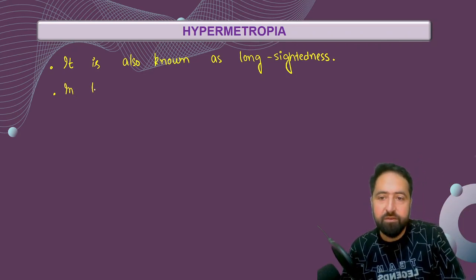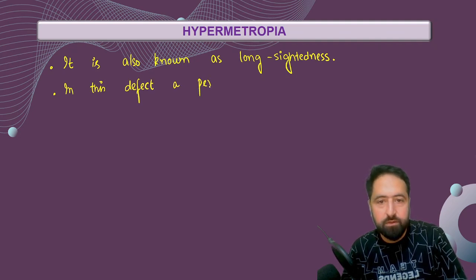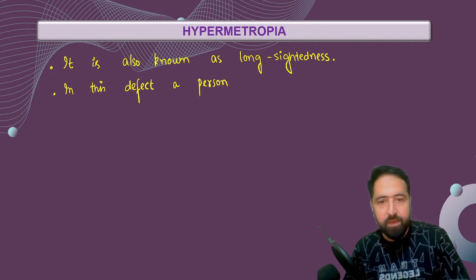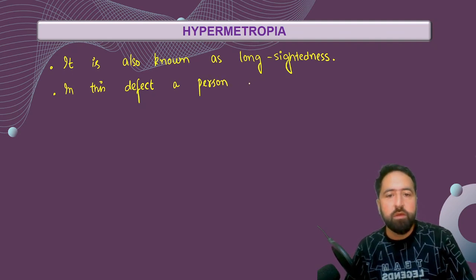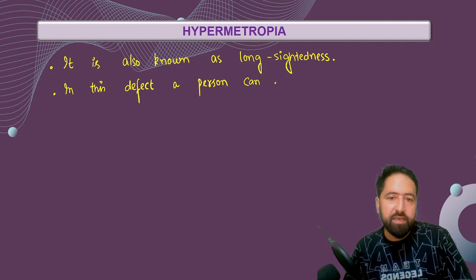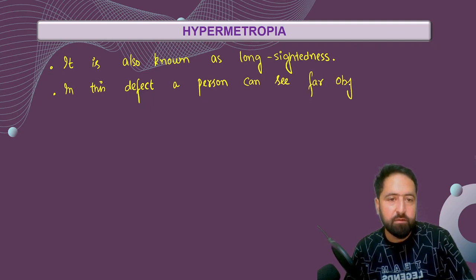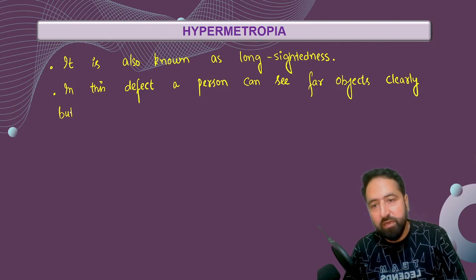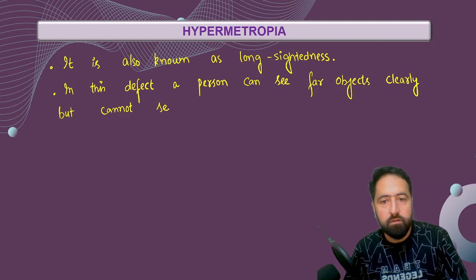So in this defect a person can see far objects clearly, but cannot see nearby objects clearly.